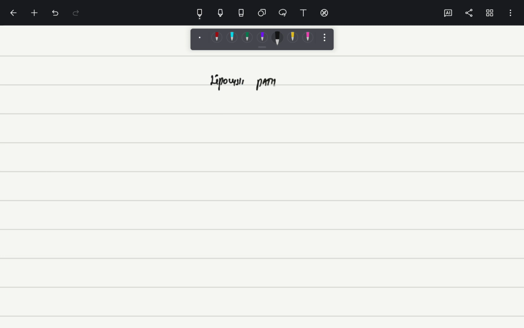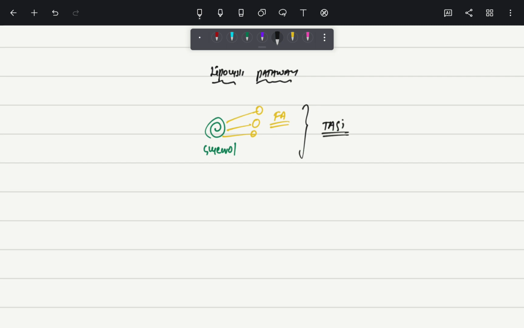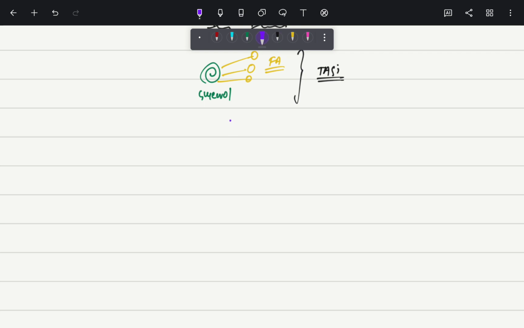Lipolysis pathway. So in the lipolysis pathway, as I already told you, we have the glycerol. This is the glycerol, and to this glycerol we have 1, 2, 3 fatty acids, and this entire component is your triacylglycerol. There is an enzyme called lipase.